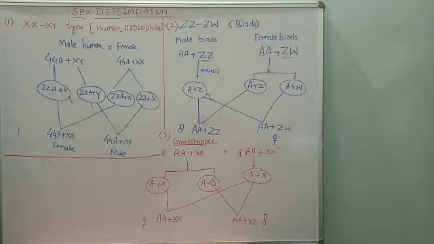What is sex? Sex is a set of morphological, behavioral or physiological characters which distinguish male from female. Then what is sex determination? It is the process of identifying the sex of an individual on the basis of the presence of X and Y chromosome.